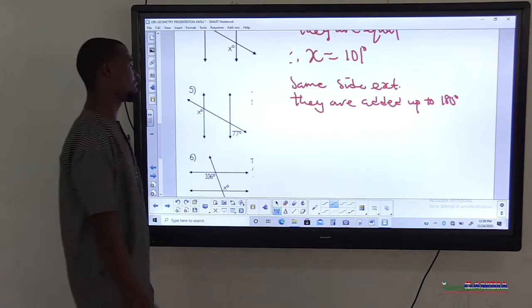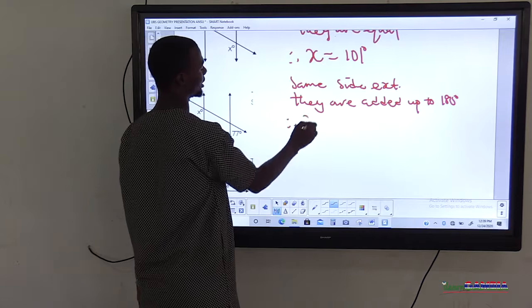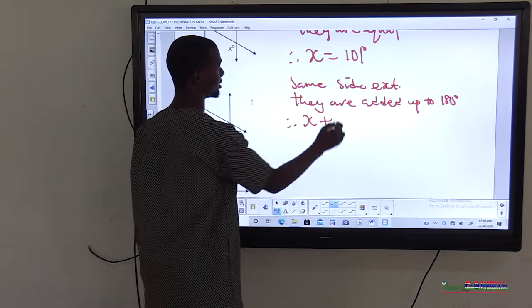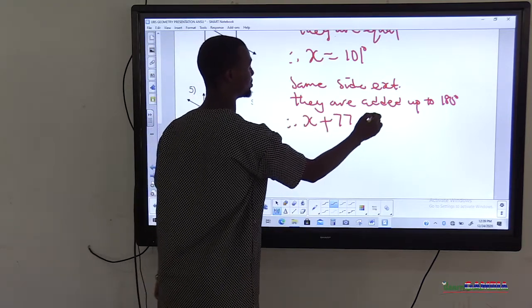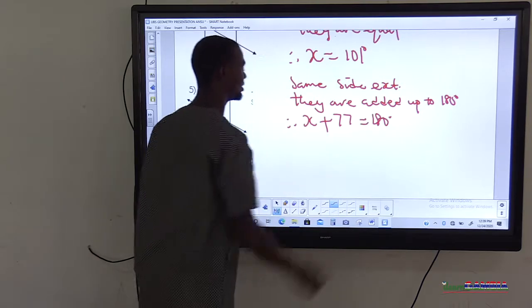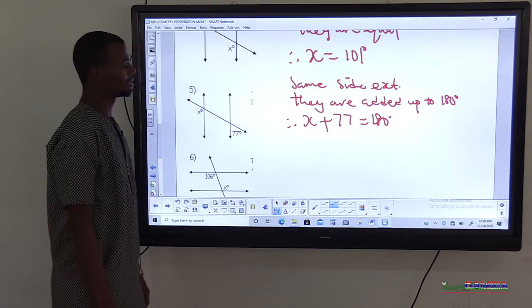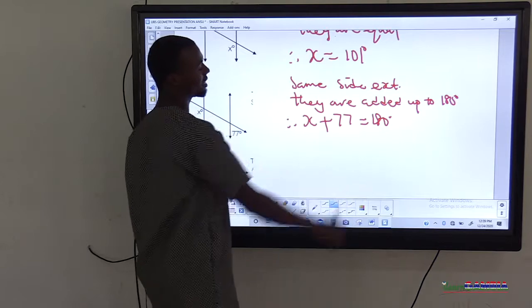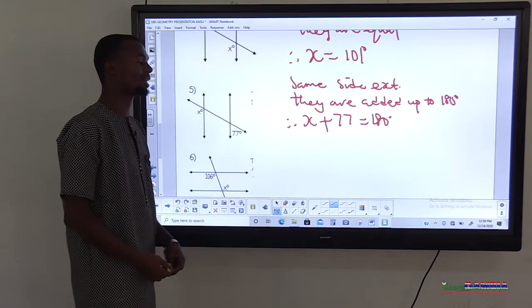So therefore, x plus 77 will give you 180 degrees. By undoing 77 from both ends, we have our x.